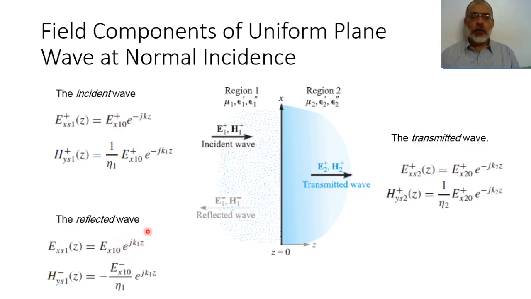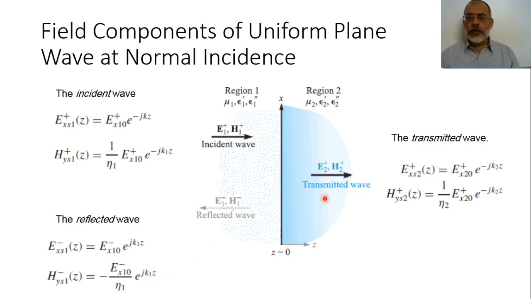It is a backward propagating wave. Right? The magnetic field in this case will not be in the y direction, it would be in the negative y direction. So in this case, Hy would be negative. It is the magnitude of the reflected electric field over the intrinsic impedance of medium 1, because effectively the reflected field lies in medium 1 like the incident field, but in the opposite direction. And the propagation factor here is the backward propagation e to the power j k1 z.